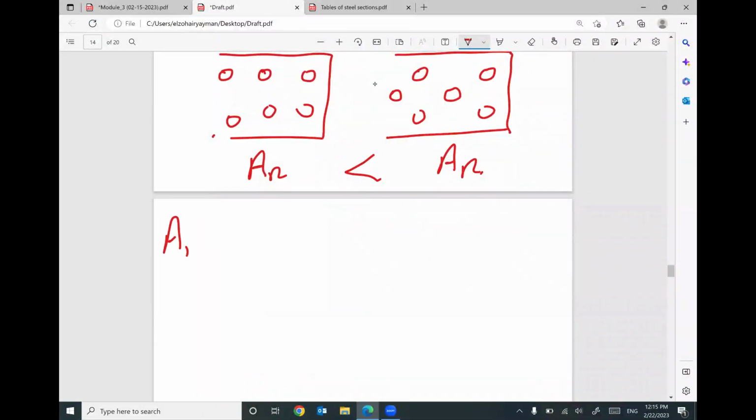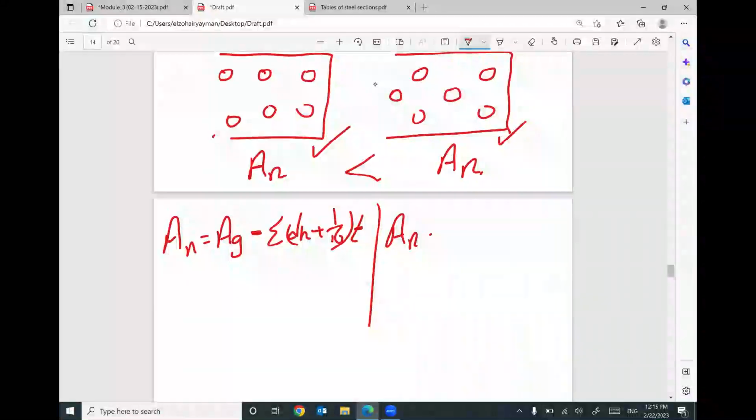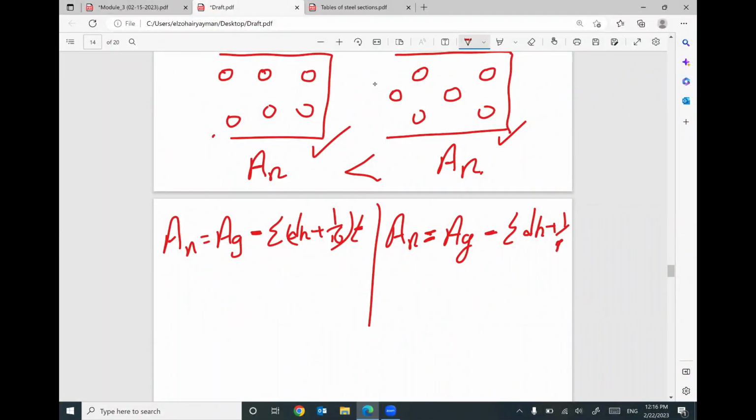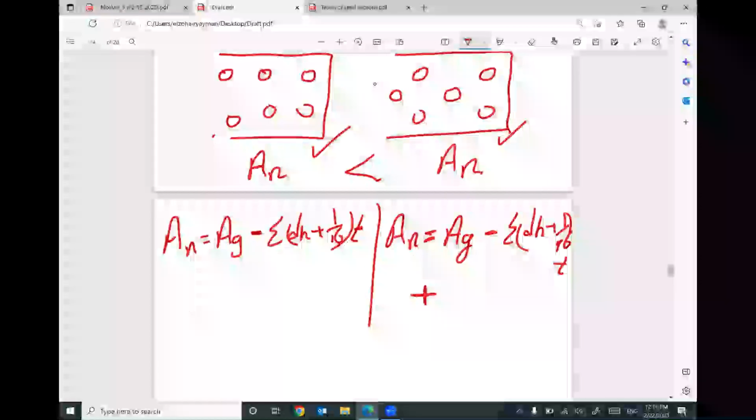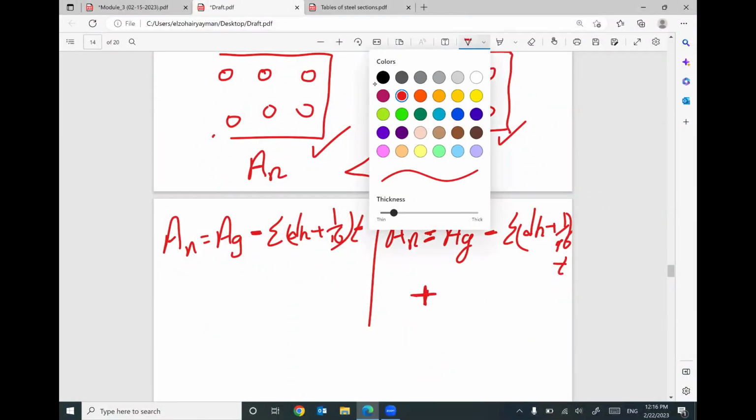Your area net here equals area gross minus summation of d hole plus 1/16, times thickness. This is the first case. The second case, I'm talking about the same member. If you have the same member, the area gross will be the same. Area gross minus summation of d hole plus 1/16, times thickness, plus, that means I will add another part.